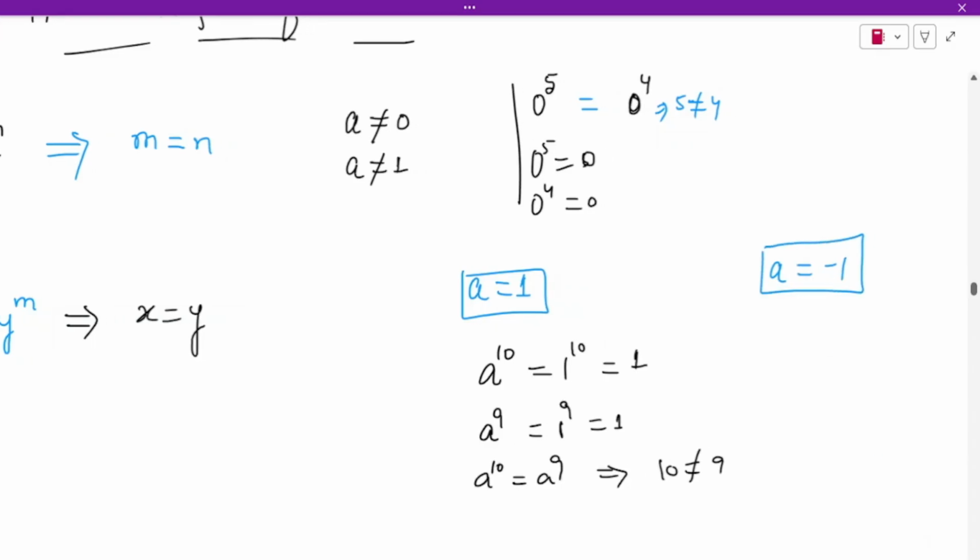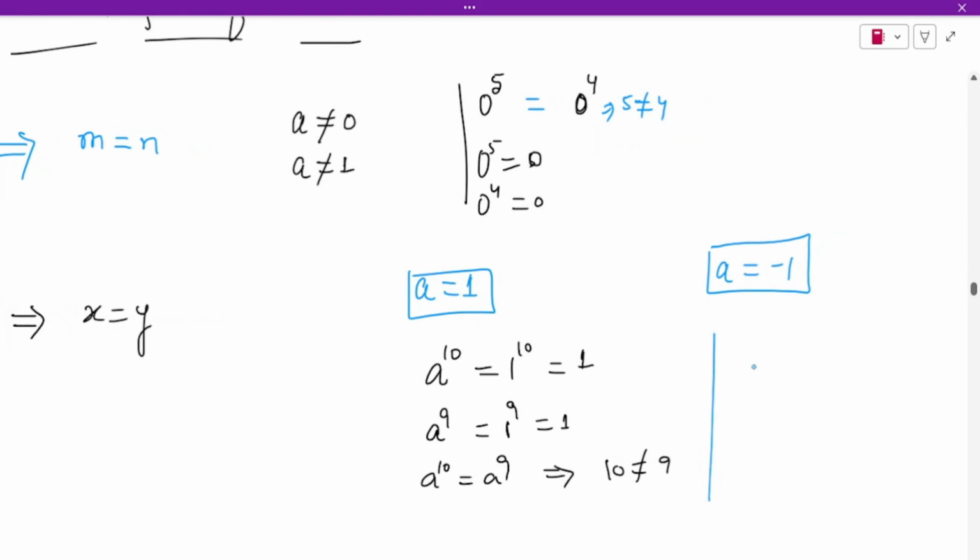Then we can find that for a to the even power, a to the power of any even number will always give equal value. I mean a to power 10 or a to power 6, means -1 power 10, and this is -1 power 6. Both are going to give us the value 1.